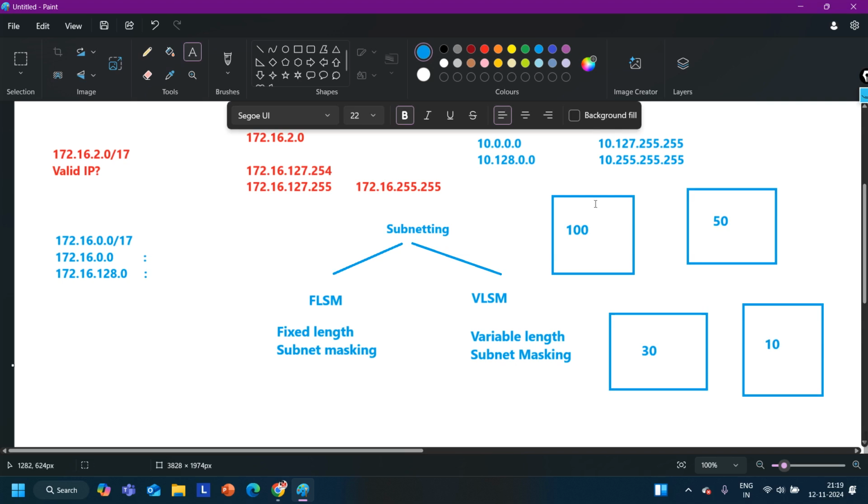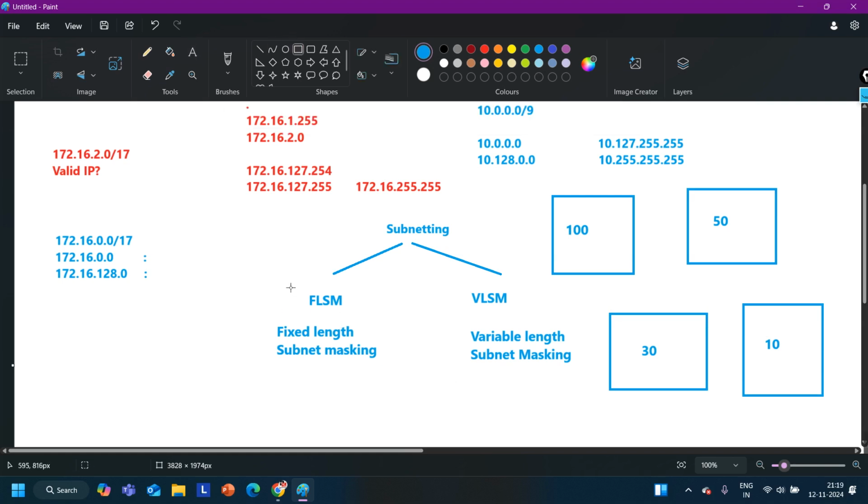So in this scenario the length of my network is variable, right? Here we cannot use FLSM. Again, if I use FLSM, you can see in the 4th department we will be wasting lots of IP addresses, right?